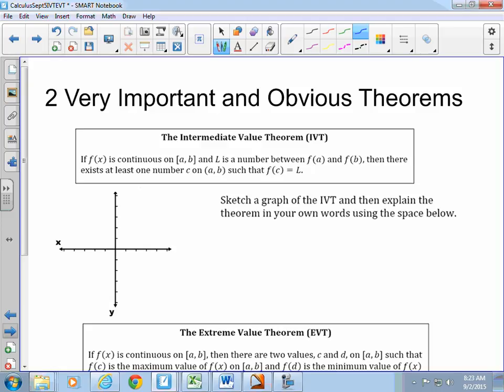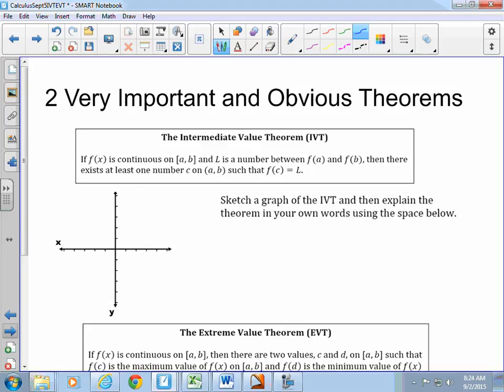So I'll give you a second to write the intermediate value theorem down so that you can listen as I'm talking. You probably saw the intermediate value theorem in pre-cal or algebra 2, and it's going to be equally, what's the word for it? Uneventful in calculus. It definitely seems uneventful, but it has a lot of applications.